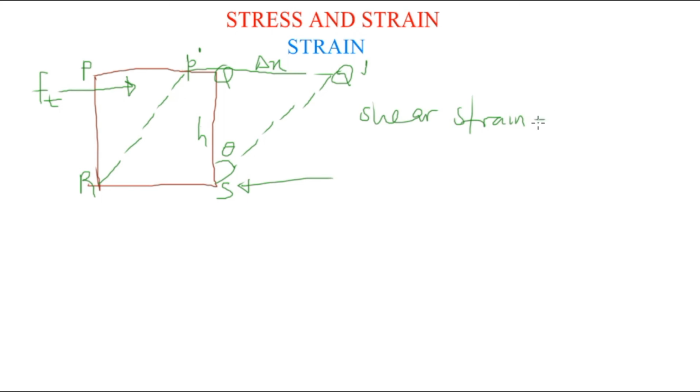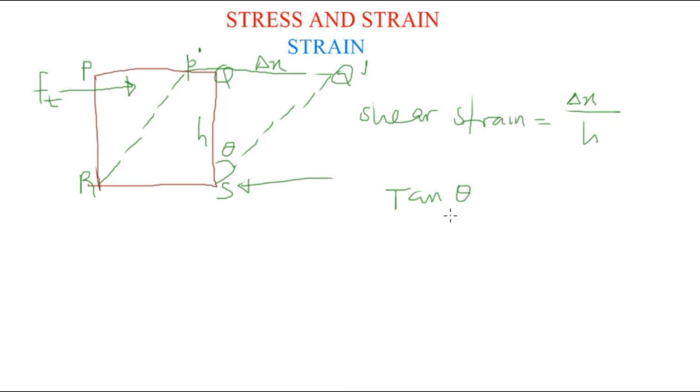The shear strain will be given as delta x upon h. But note that delta x upon h is the same thing as tan theta, where theta is the angular displacement.